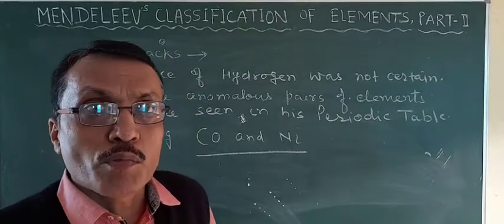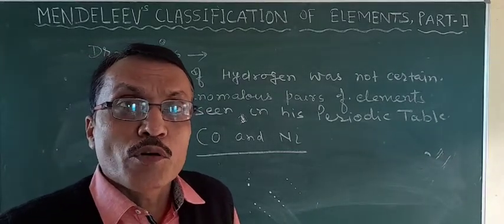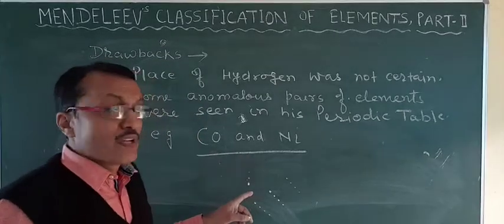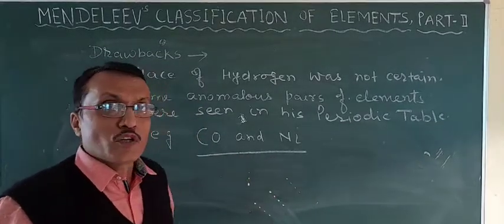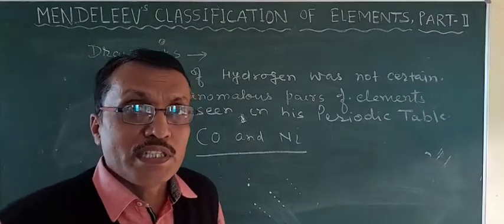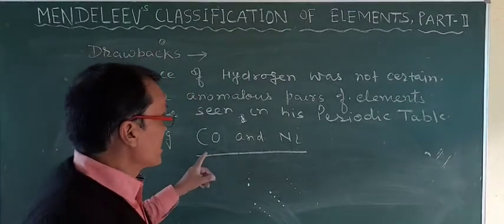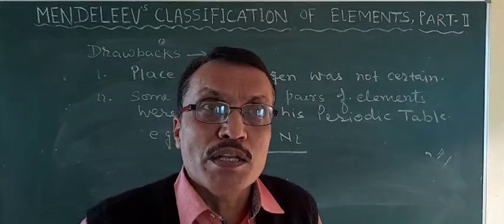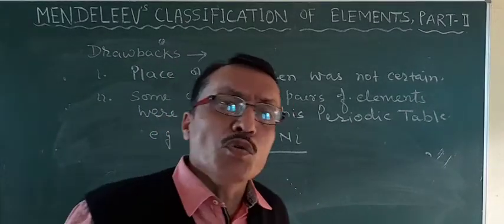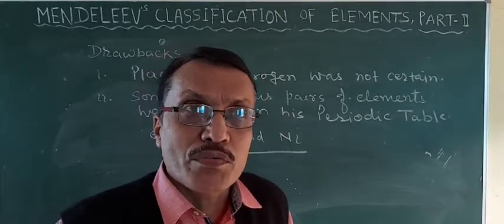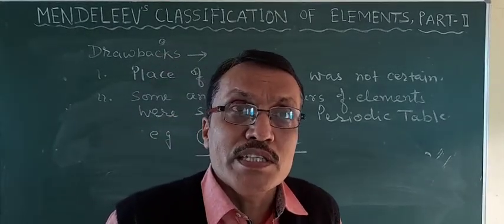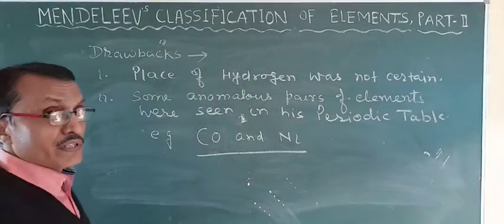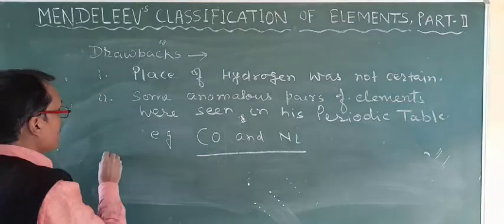Atomic mass of cobalt is more than atomic mass of nickel. So here in this case, the order of increasing atomic mass has been ignored, and that's why this pair of elements were seen as anomalous pair of elements. And so many such pairs of elements were seen in his classification. So this is regarded as one of the drawback of Mendeleev periodic table.